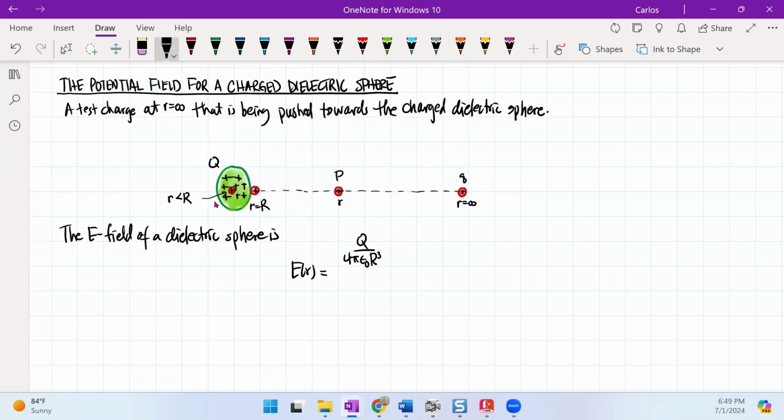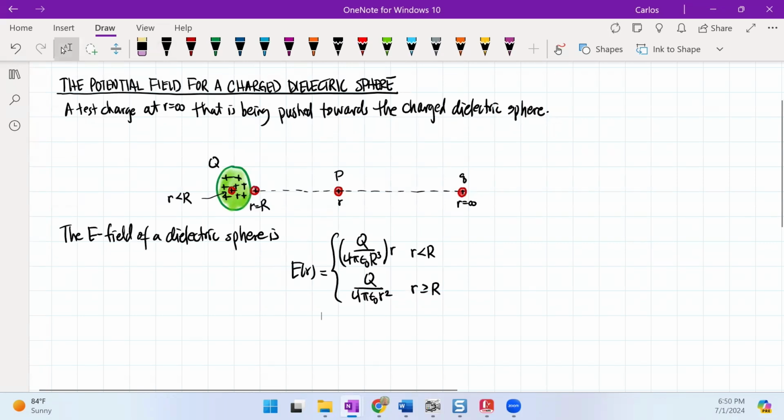So it's linear. And then outside, it acts like any other sphere: Q over 4 pi epsilon r squared, for r greater than big R.